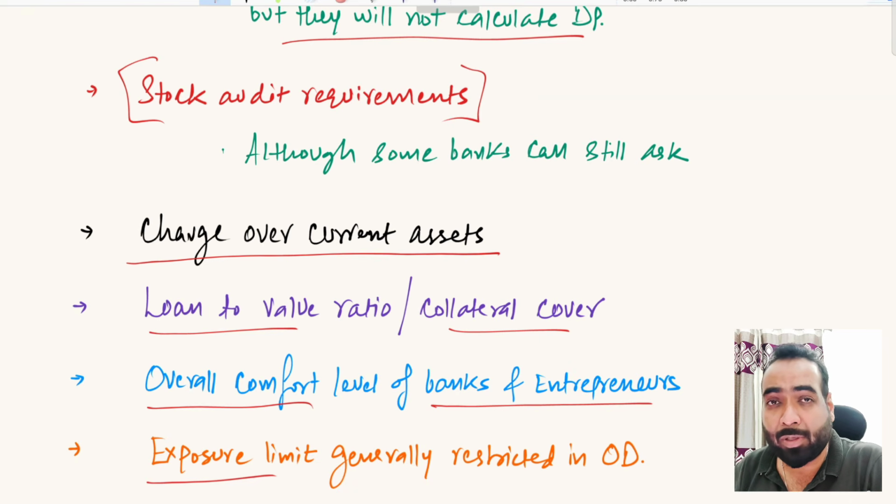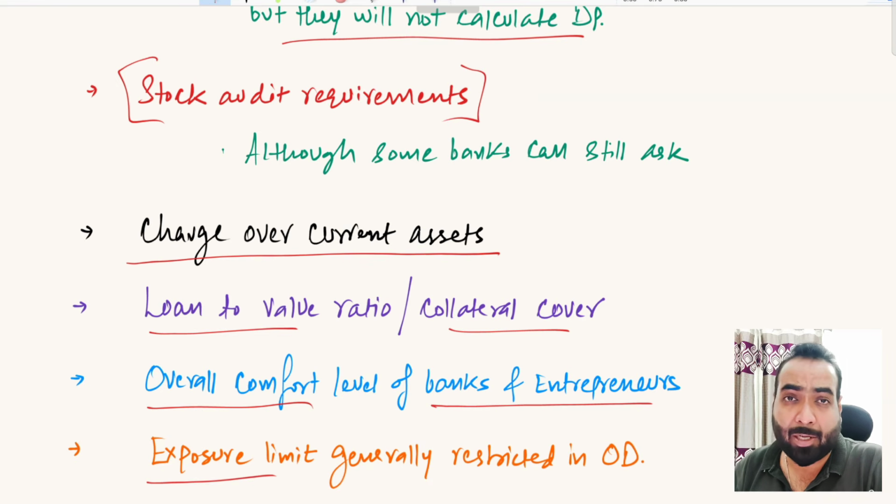Some banks have the policy that they will not lend an overdraft limit beyond 5 crore rupees, some banks 10 crore, some banks 15 crore. I haven't seen many banks or any bank doing more than 15 crore rupees of overdraft limit to any client. So generally it is restricted up to 15 crores.